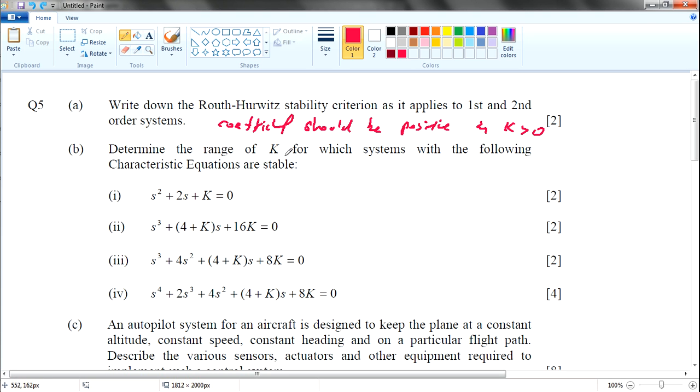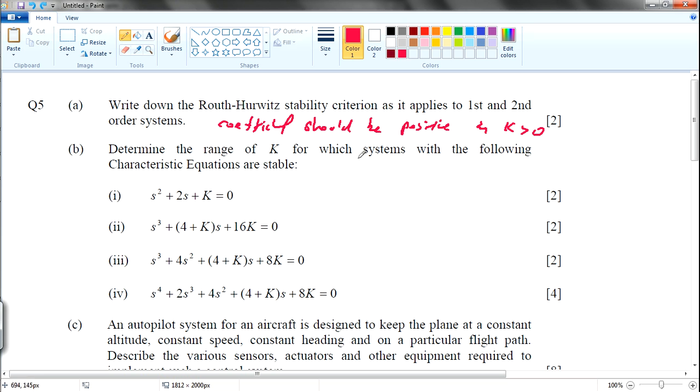Since it is second order, you would think you should have two k equations. Actually not. Previously I said that for first order you use this, for second order you have two k equations, and for third order you have three k equations. Actually that's rubbish, that was just one example.